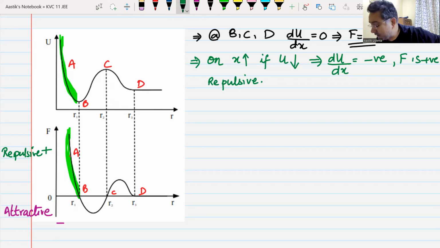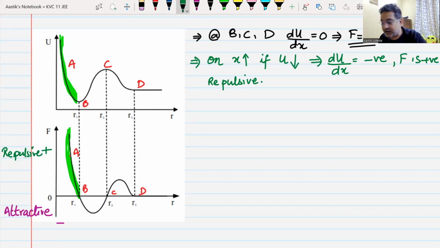In which region of the graph do we see x increasing, U decreasing? I hope you can understand that one at least from the graph.